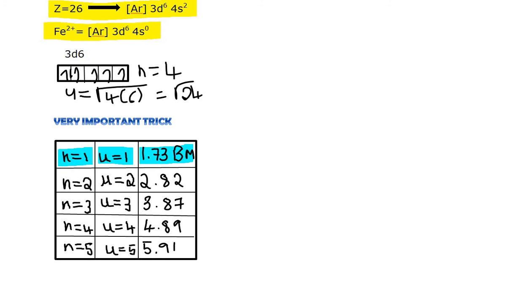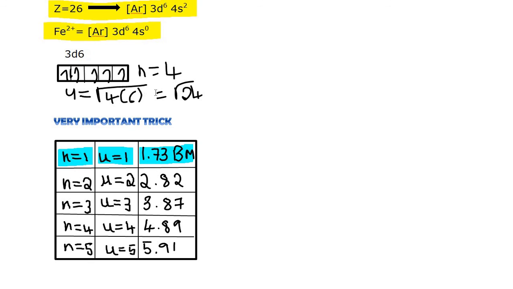If it is 5, the magnetic moment is 5.91. You need to keep this table in your mind so that in the exam you will not be confused. Using a calculator will be very time consuming, so if you keep these values in mind, you can just solve it.